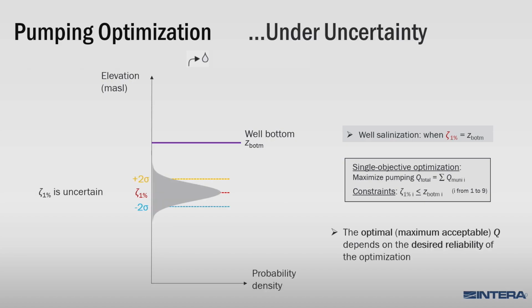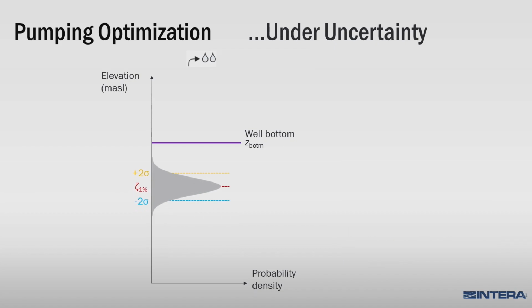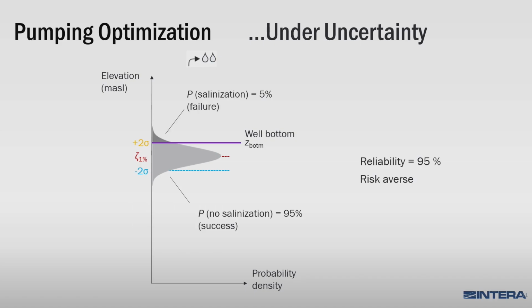However, model predictions are uncertain, and we quantify that uncertainty. So we actually implemented optimization under uncertainty. With optimization under uncertainty, the optimal pumping rate at a well depends on the desired reliability of the optimization. So this means that we could increase pumping at a pumping well until we have a 95% chance of no salinization, which corresponds to a reliability of 95% and a risk-averse stance.